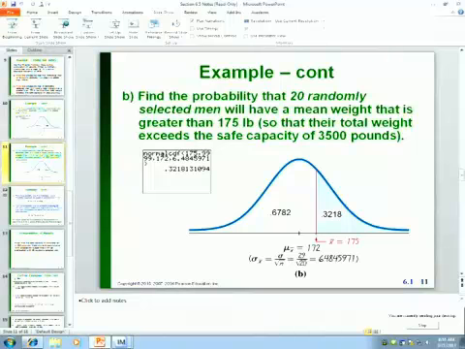I'm talking about the mean for a group of 20. And what the central limit theorem told me was that's when I have to adjust the standard deviation by dividing it by the square root of the sample size. So instead of having 29 right here, I have 29 divided by the square root of 20 because the sample size was 20. That's about 6.5-ish.